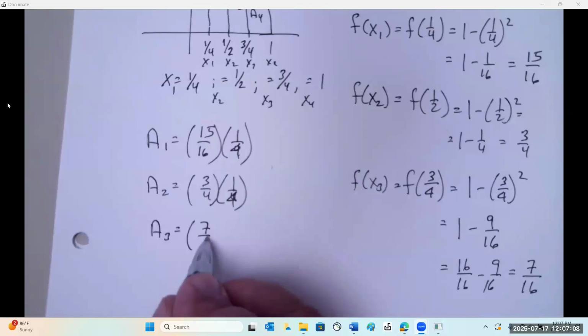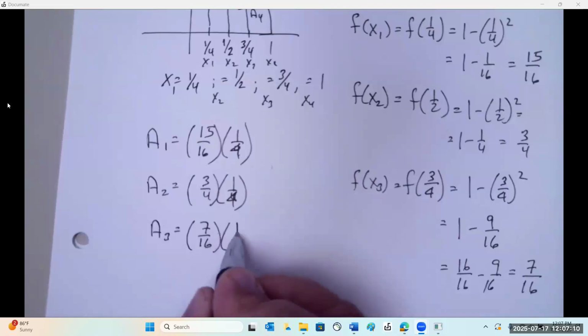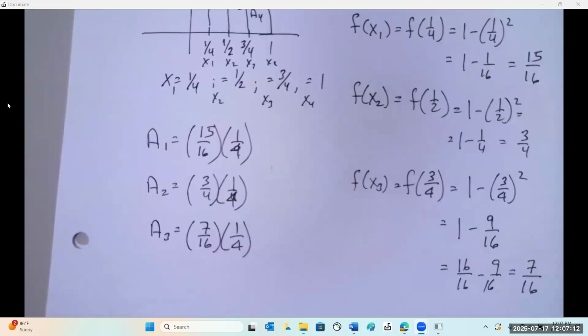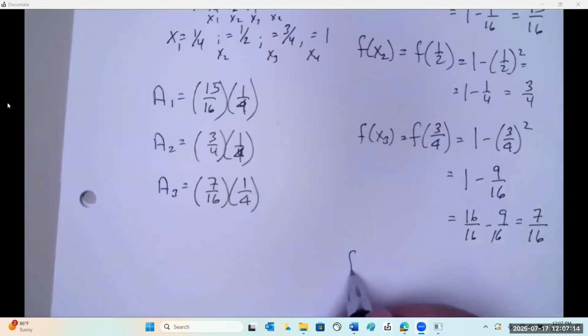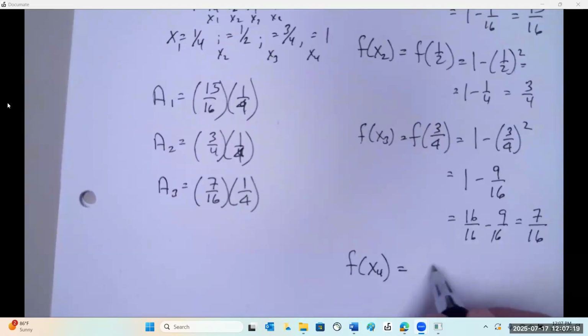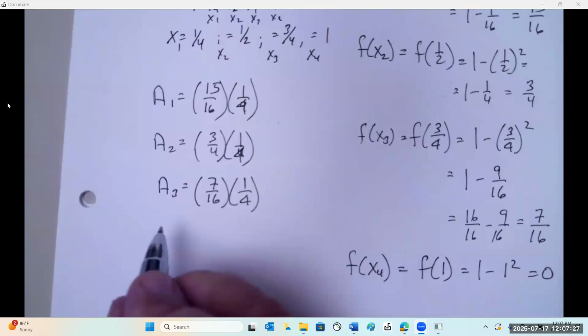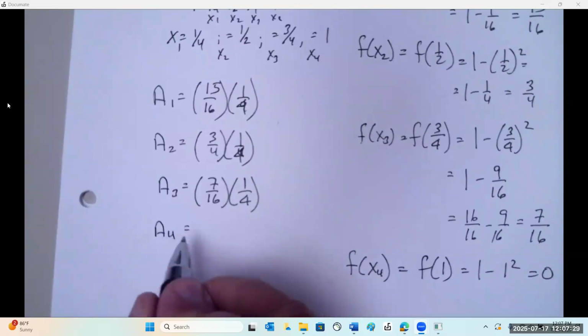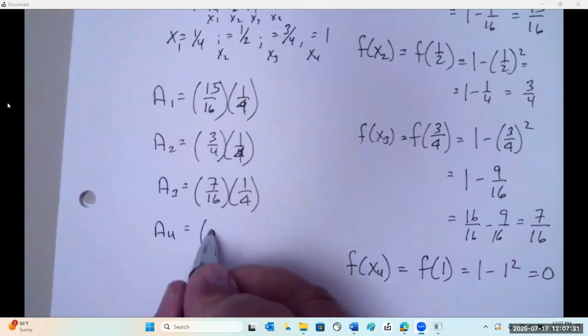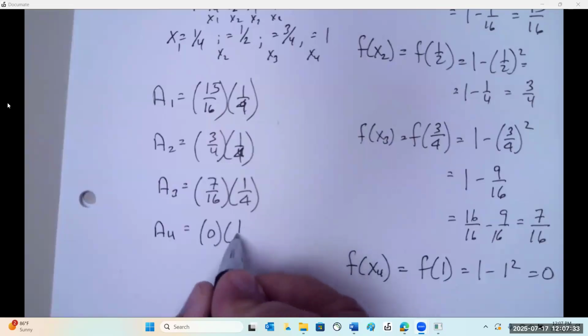So the third one is 7/16 times 1/4. And the fourth one, which is f at 1: 1 minus 1 squared equals 0. Zero times 1/4.